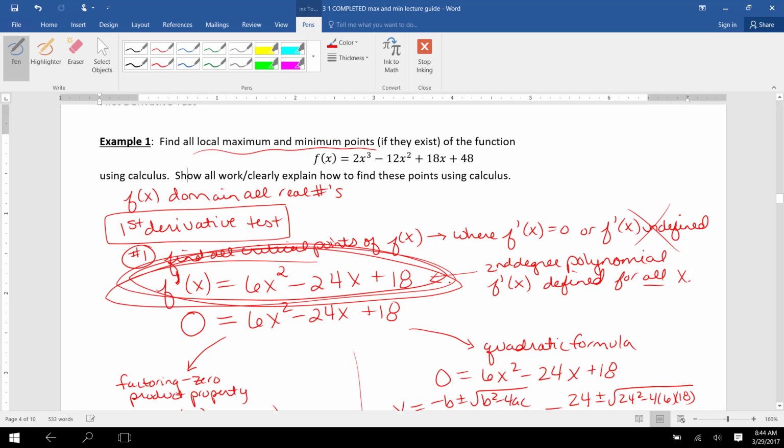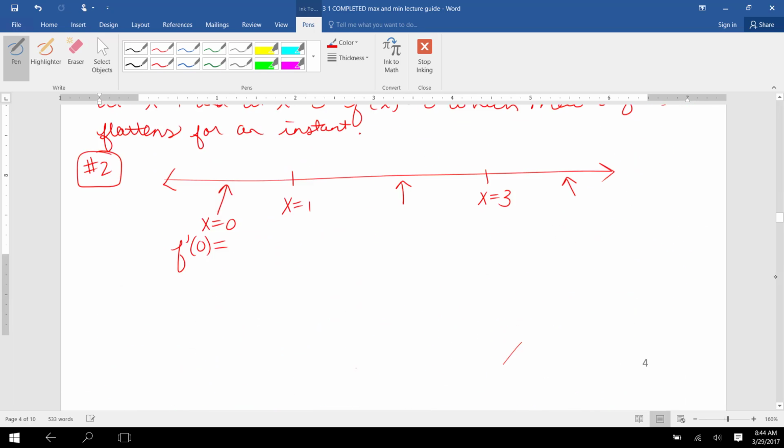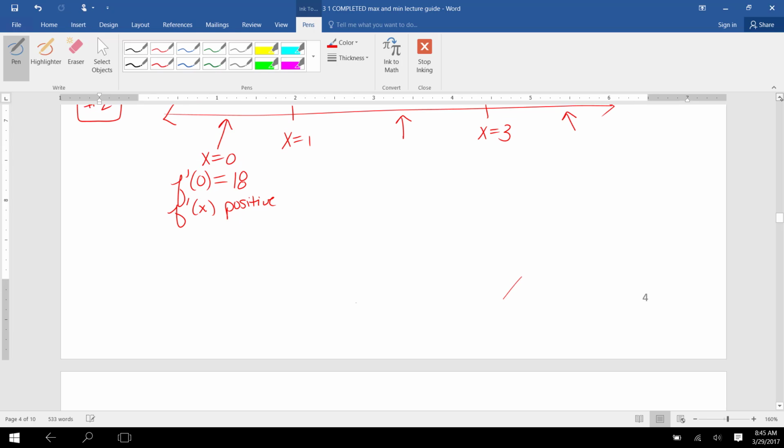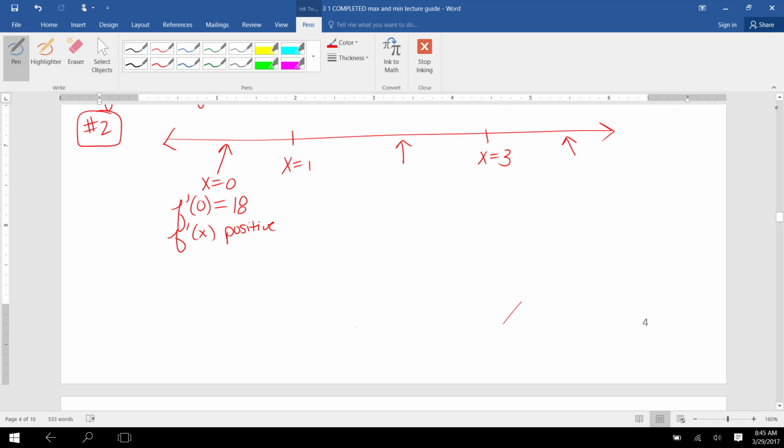If you plug in x is 0, you're going to get 18. I don't really care that it's 18 in particular. What I care about is that f prime of X is positive. And that would be true for any X value that you picked on this interval below X equals 1. So I can now conclude to the left of X equals 1, f of X is increasing.